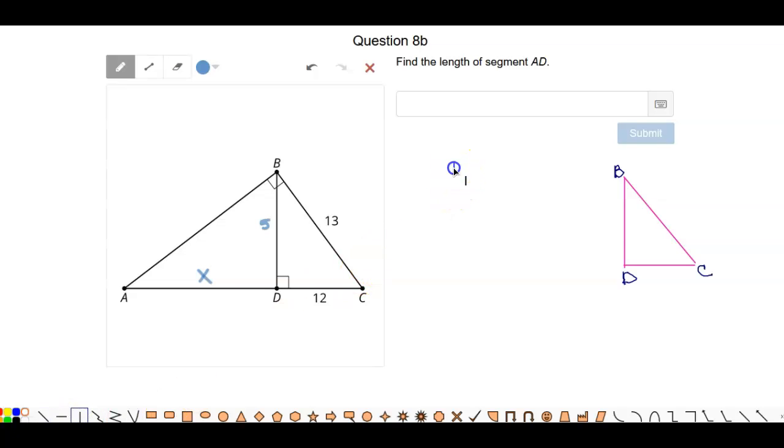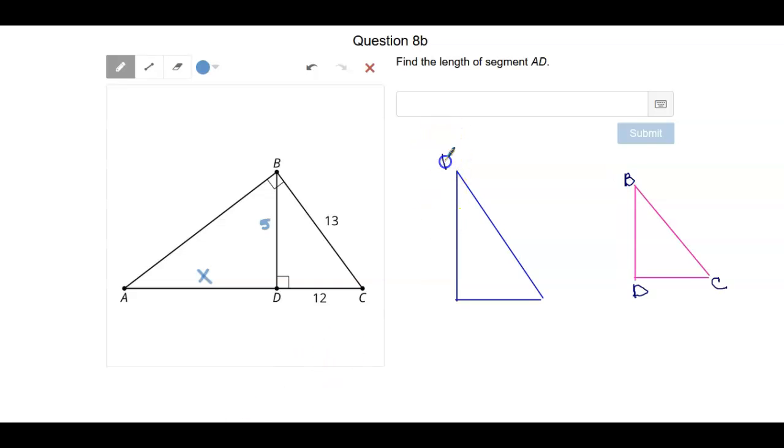And I'm going to orient it the same way so that the right angle is at the bottom left. And this right here. Okay, so now this is triangle ADB.